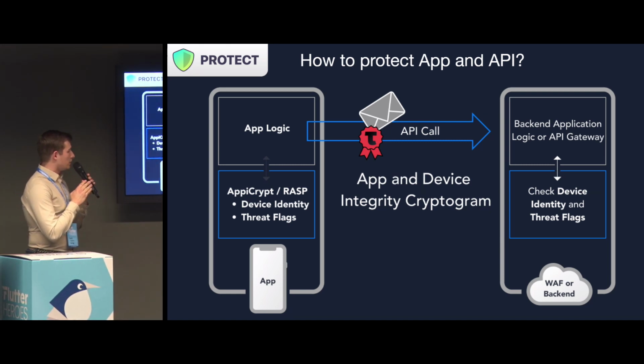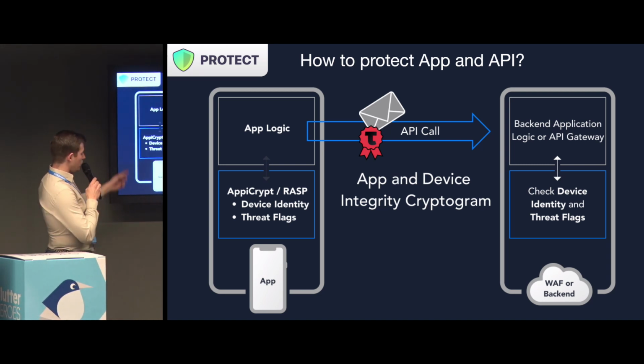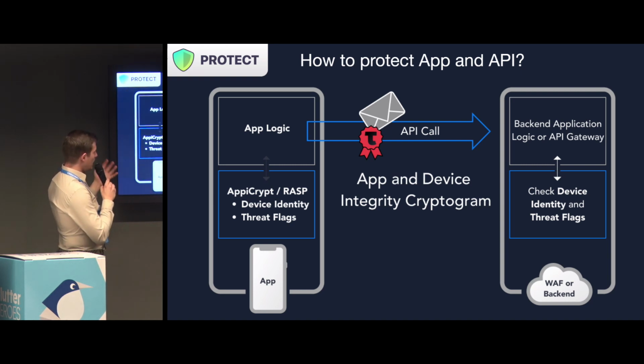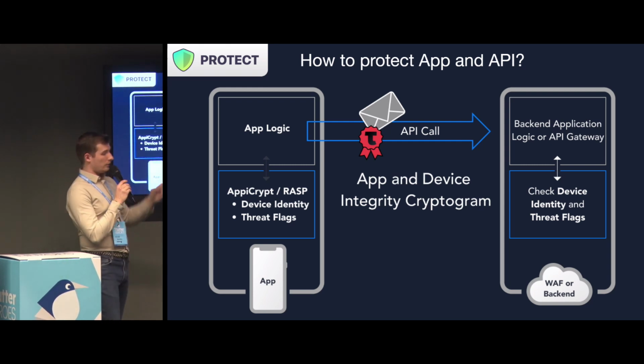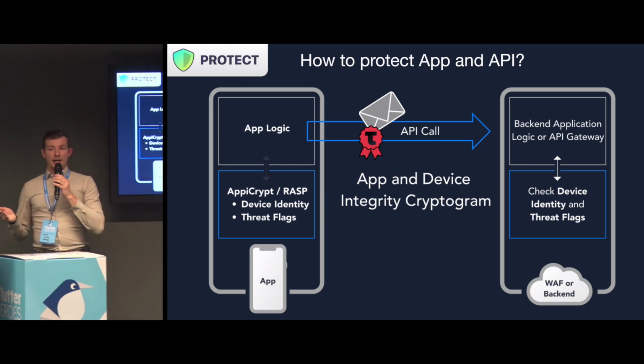On your application side, all RASP checks and all resiliency technologies are conducted to ensure that the application and device are valid and that everything is okay. This result is given to your application, and it is then transferred with every API call to your backend, where it is decrypted, and your backend decides whether the incoming call is valid or not.